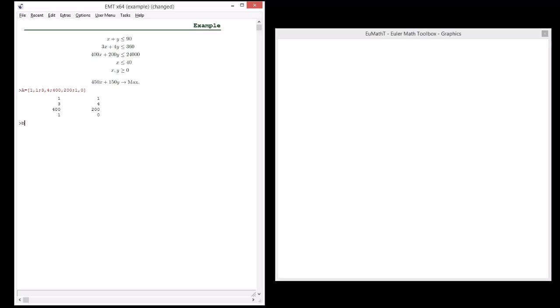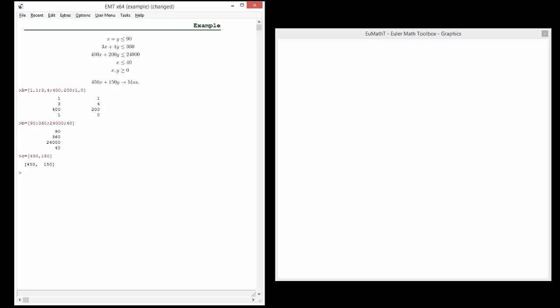The right side is 90, 360, 24,000, 24,000, and 40. The target function is 450, 150.